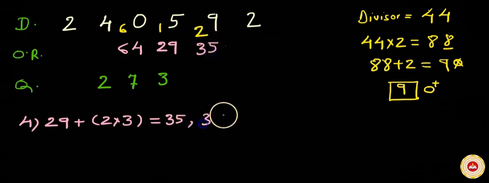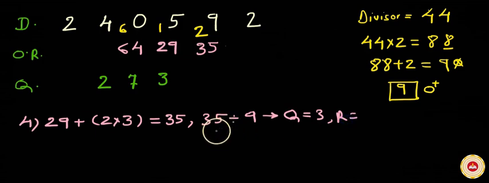Now divide this osculation number 35 by positive osculator 9, which gives us 9 threes are 27, so quotient is 3 and remainder is 35 minus 27, that means remainder is 8.